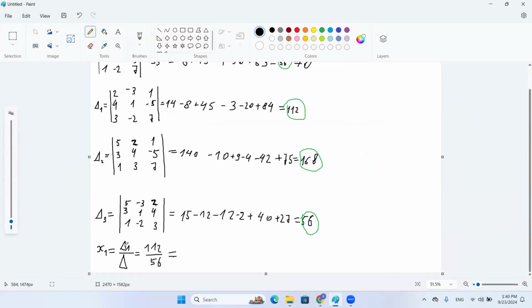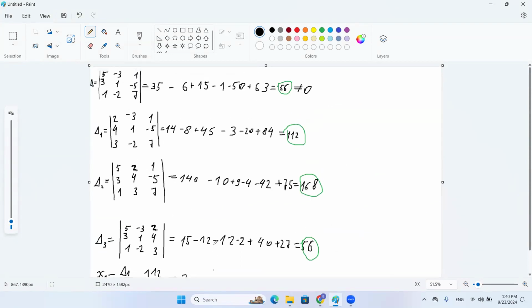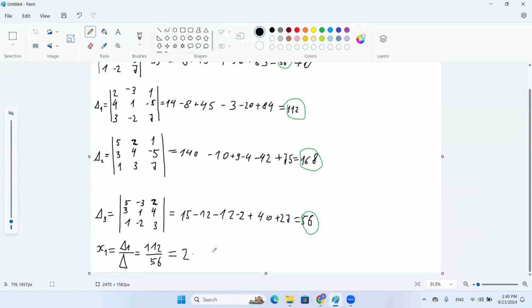Are you sure that you divide in the correct order? So what should we divide to get x2? 168 divided by 56. Yeah, I said it in the wrong order.